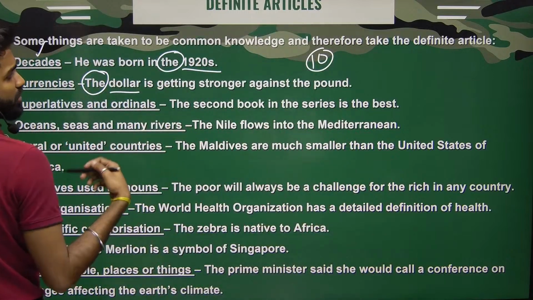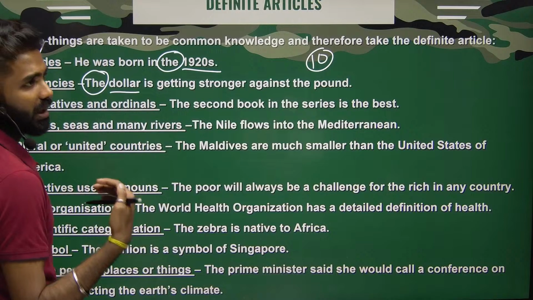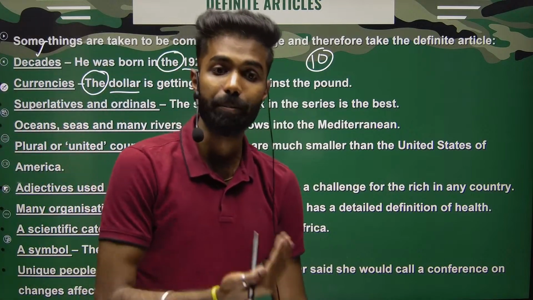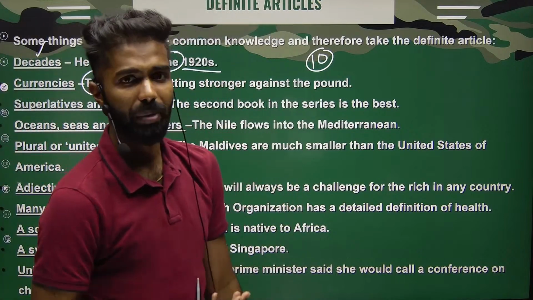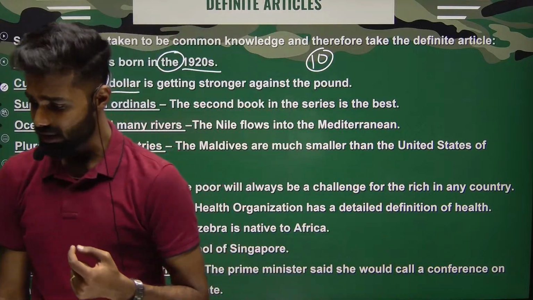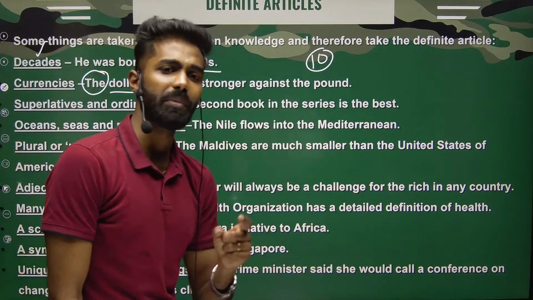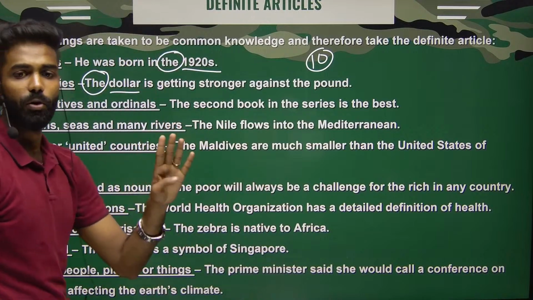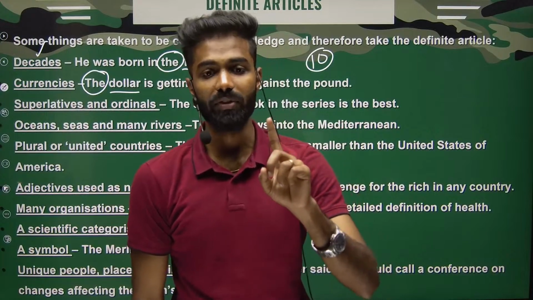Superlatives. What do you mean by superlatives? Superlatives means best, the best; worst, the worst. So whenever you see a superlative, please use a definite article. Ordinals. What do you mean by ordinals? Ordinal means first, second, third.